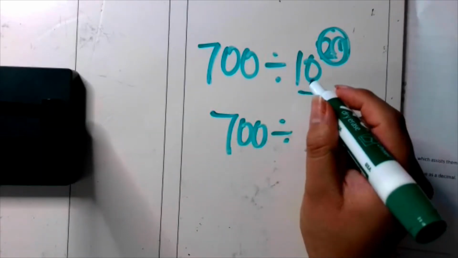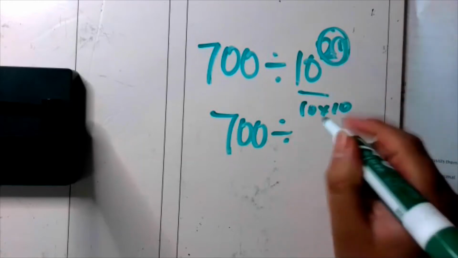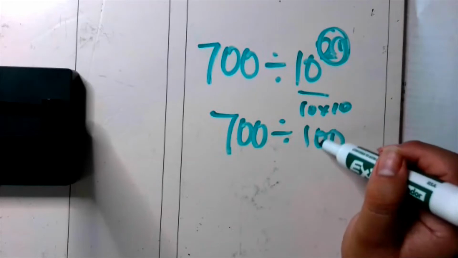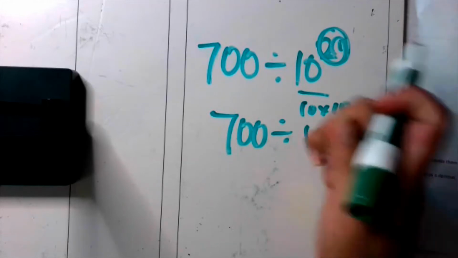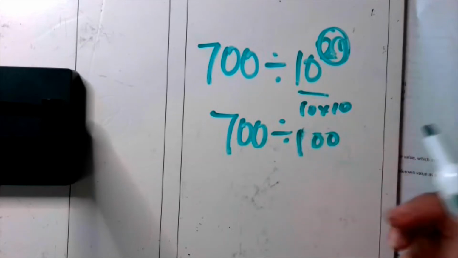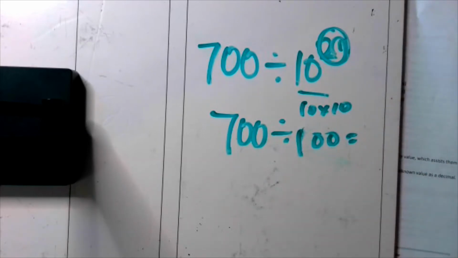We know that 10 to the second is 10 times 10, which is 100. And another way to remember it is that 100 has 2 zeros. We put the zeros first, 1, 2, and then the 1. Okay, so this is going to be easy. We are going to divide 700 by 100.